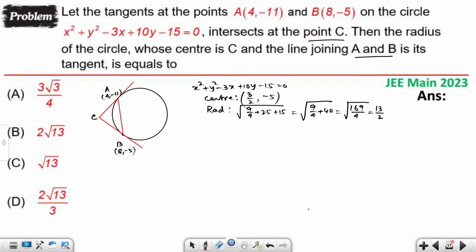Are you getting my point? So the circle is this. It is having its center at C, and AB is the tangent to this circle. Now what is required to find out? You have to find out the radius of this circle. Right?